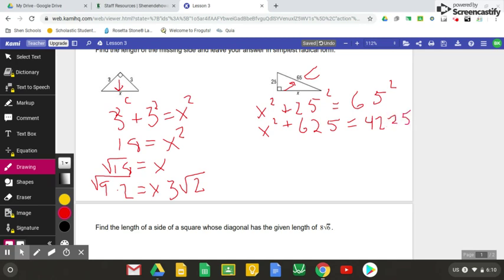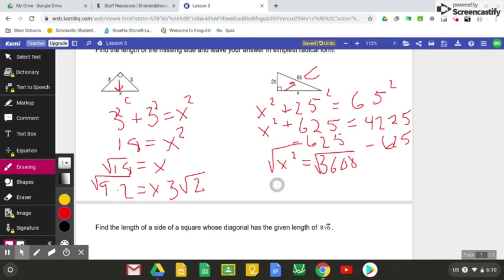Then, got to get this x alone, so subtract 625 from both sides. So now I got x squared equals 4,225 minus 625 gets me 3,600. Take the square root of both sides.